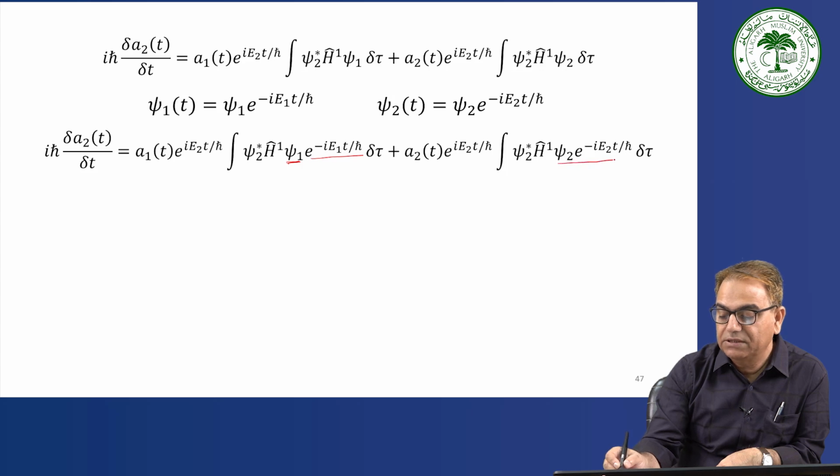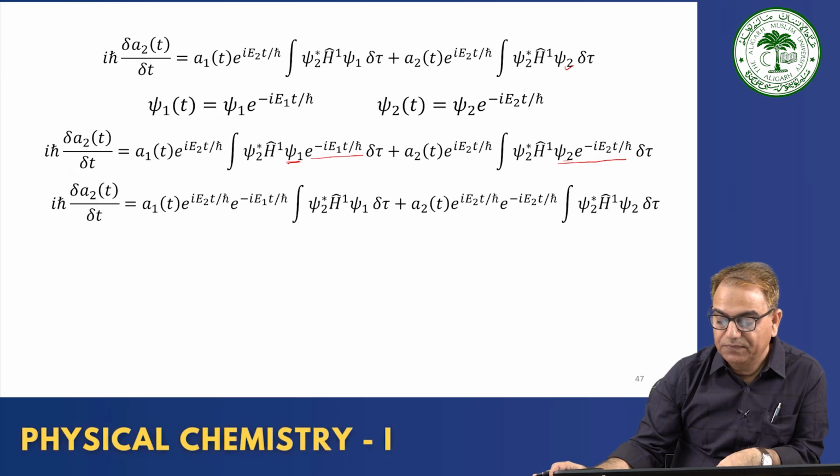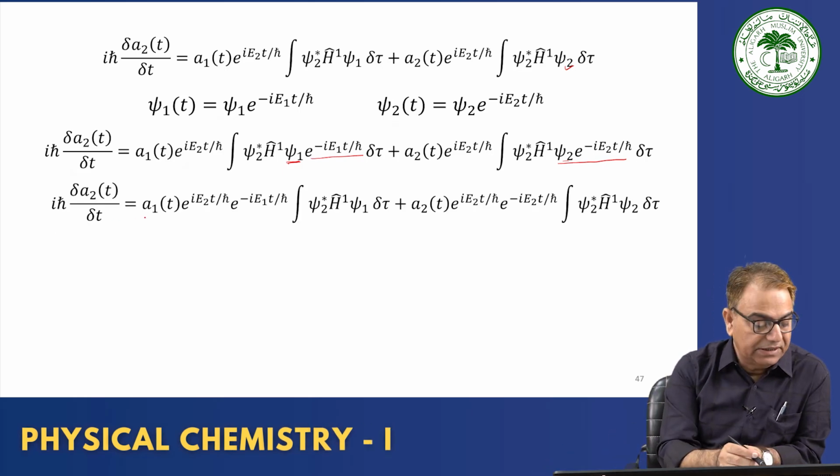We have replaced this psi 2 of this integral by this equation, and if you rearrange them, what do you get? The left hand side does not change, A1t exponential minus this exponential, and now you have exponential minus E1. So you bring this outside, and what will happen?